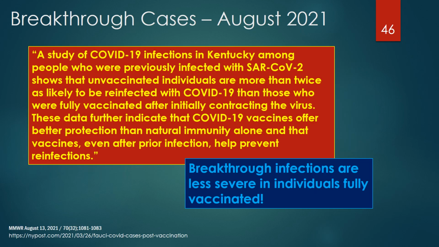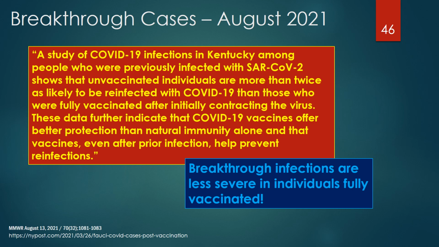In the August 13, 2021 MMWR article, the authors stated, a study of COVID-19 infections in Kentucky among people who were previously infected with SARS-CoV-2 or COVID-19 shows that unvaccinated individuals are more than twice as likely to be reinfected with COVID-19 than those who were fully vaccinated after initially contracting the virus.